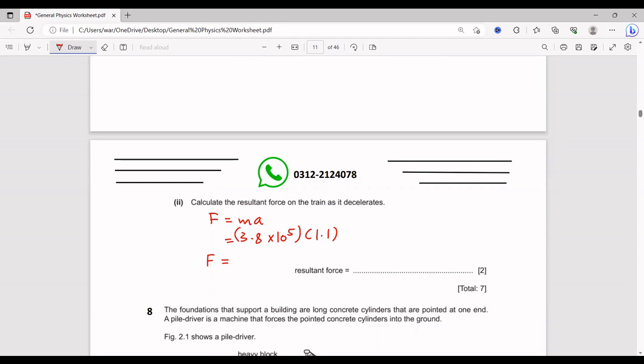The answer is 4,18,000 newtons. In scientific notation, it will be 4.18 exponential 5 newtons.